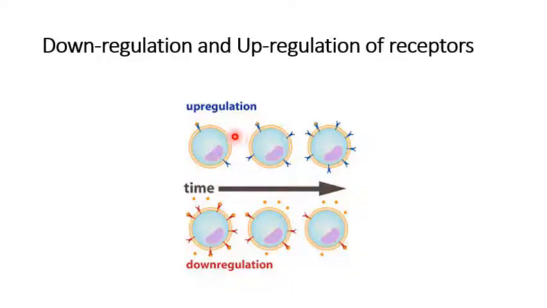So upregulation and downregulation of processes are linked with the availability of the substrate and the stress on the cell that will cause downregulation, or the absence of a substrate and the subsequent increase in the expression of receptors, causing upregulation of receptors.